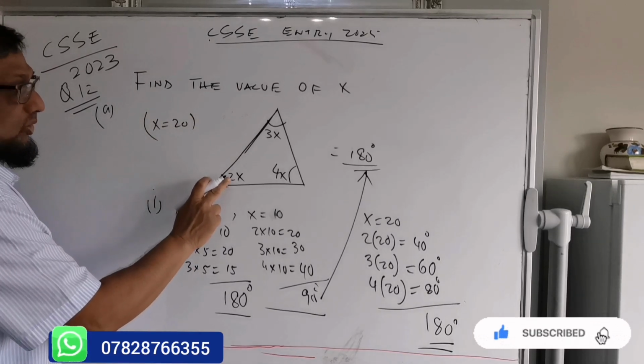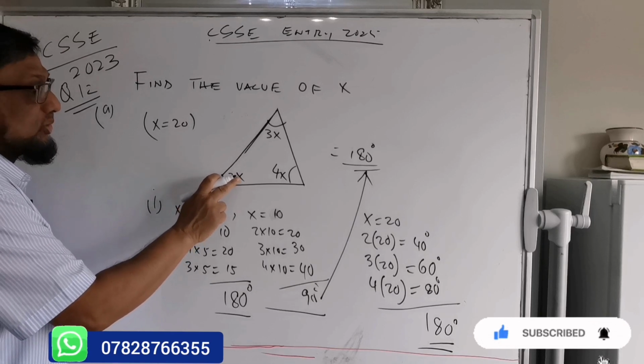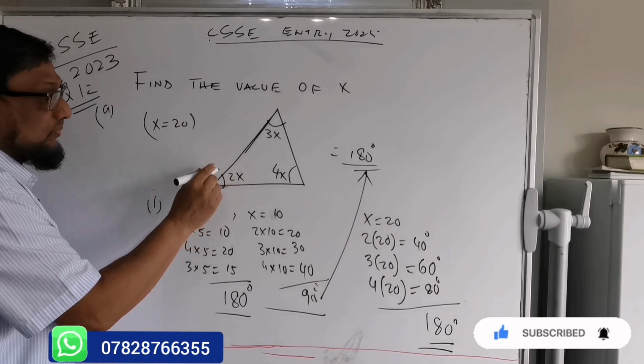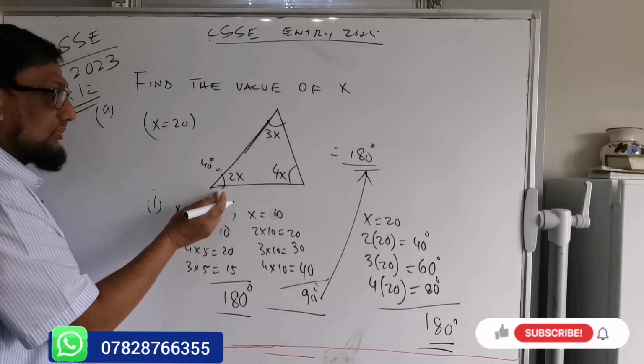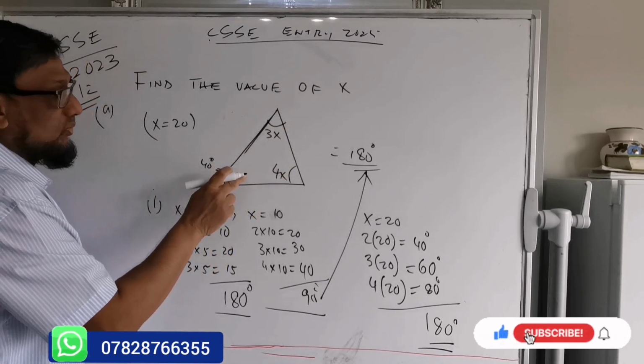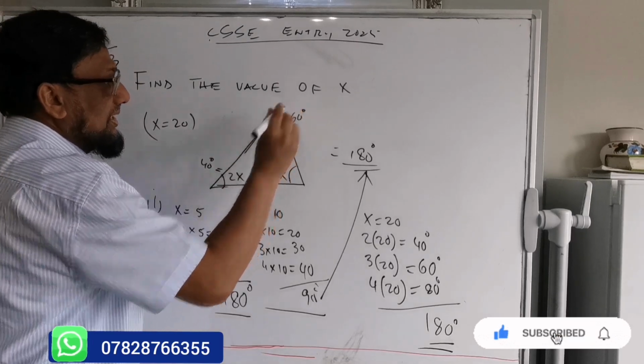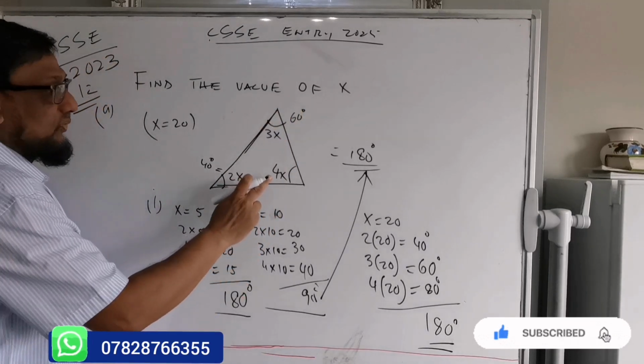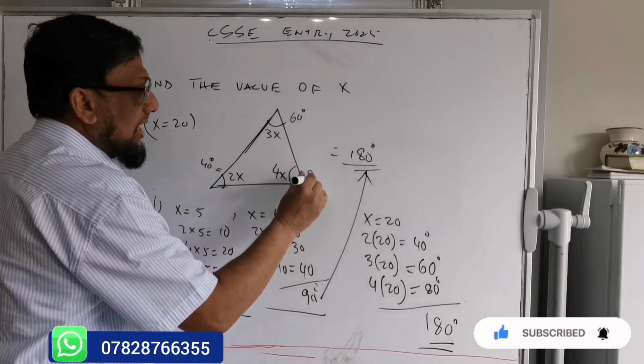If you put the value of x here, 2 times 20 equals 40, so this angle will be 40, 3 times 20 is 60, and 4 times 20 is 80.